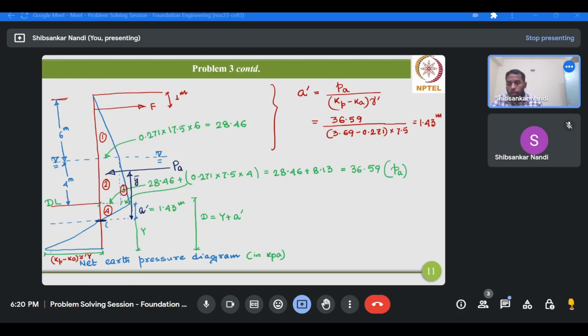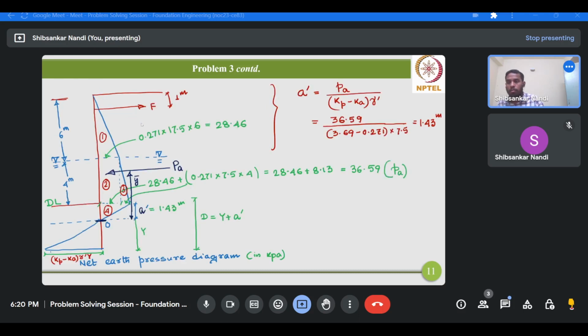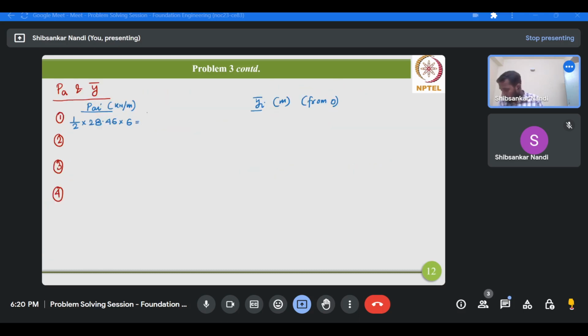Suppose this point is O, so this is measured from O. For component 1, it's half multiplied by 28.46 multiplied by 6, which gives the value 85.38.